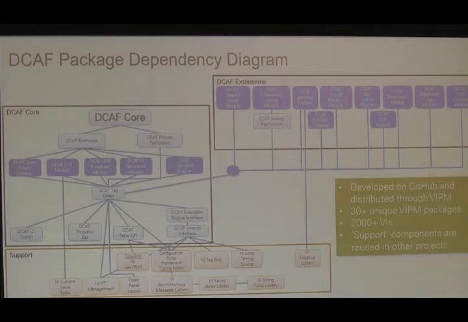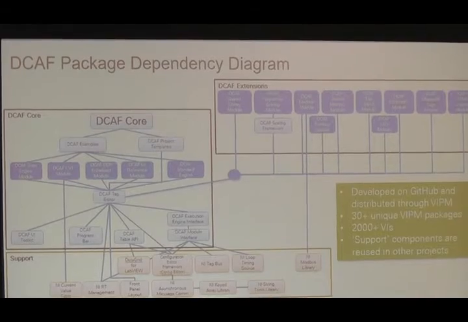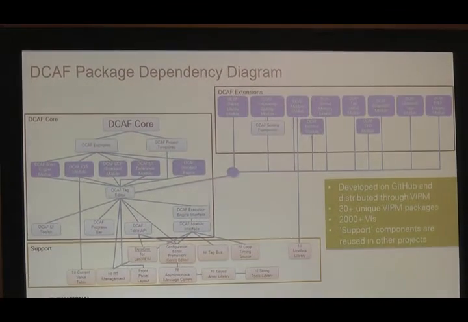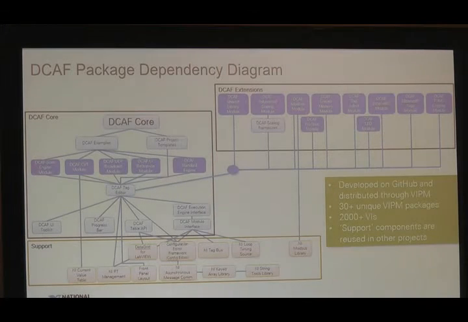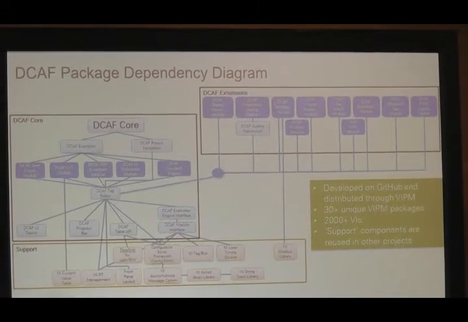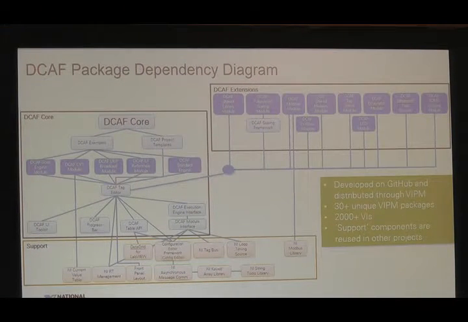Just to give you an idea of what we're dealing with here, this is a highly modular design. We try very hard to avoid the giant code monolith, not just the single VI that stretches on forever, but the single project that tries to contain 15 different sub-projects within it. We separated each of those individual pieces out as components, each built as a VI package, and multiple layers of VI package dependencies so that we can understand what we need.